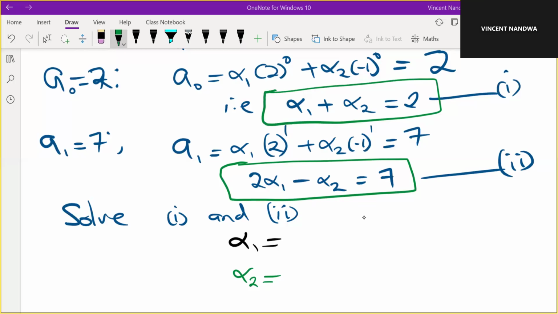Brian and Nyakundi, what is the answer for alpha 1? Which variable is minus 1? Which constant is minus 1? Alpha 2 is minus 1.